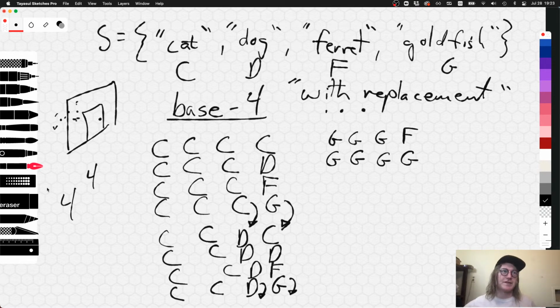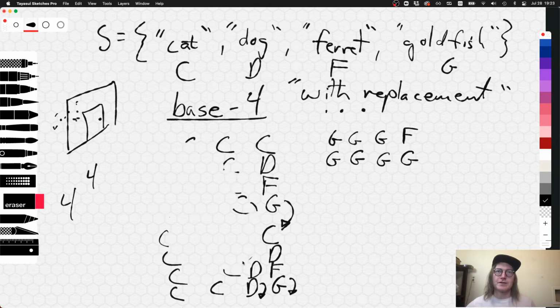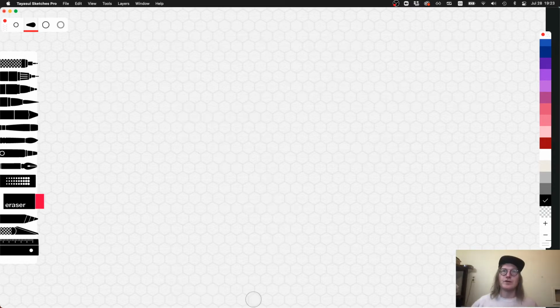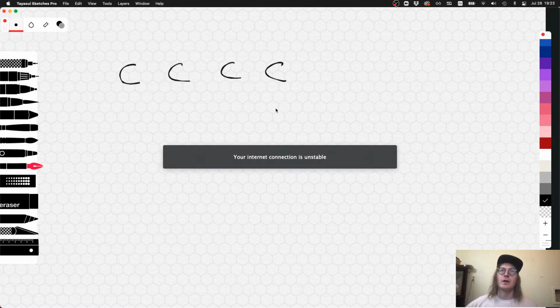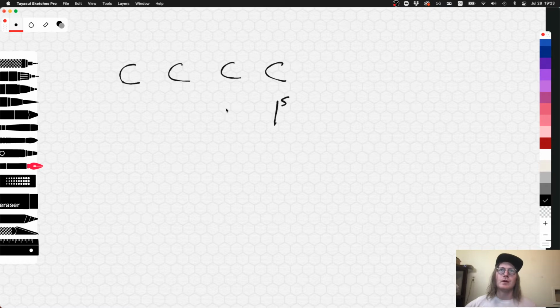Let's think about this in terms of place value. Okay, I'm just going to erase the whole thing. If we have, let's say, cat, cat, cat, cat. So here are 4 places. This is just the first example. This is the 1's place. This is the 4's place.